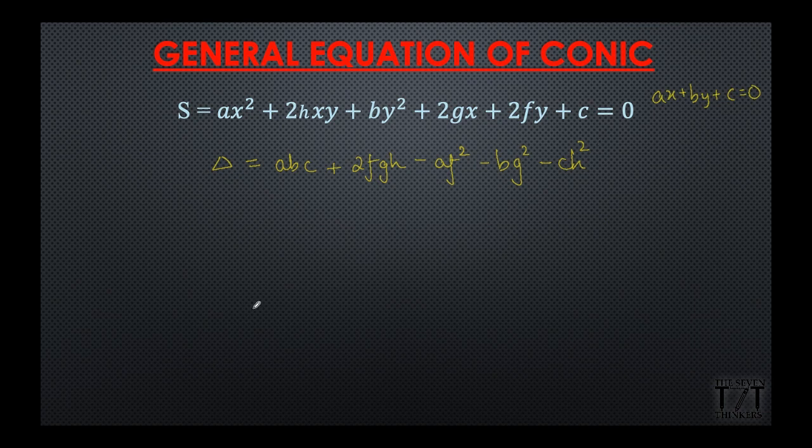The value of discriminant is equal to the determinant with rows AHG, HBF, GFC.